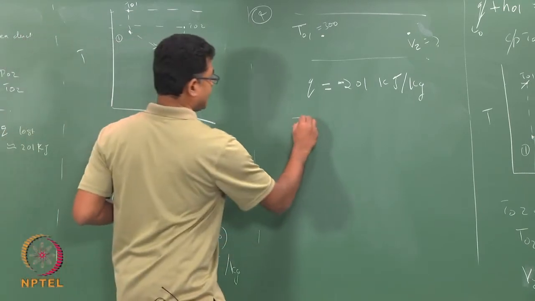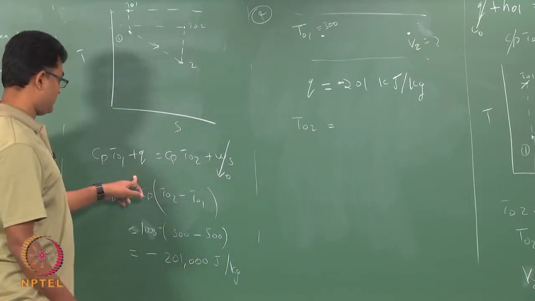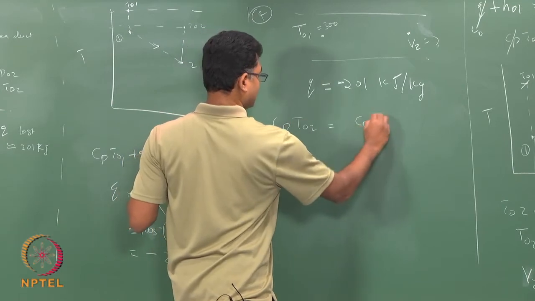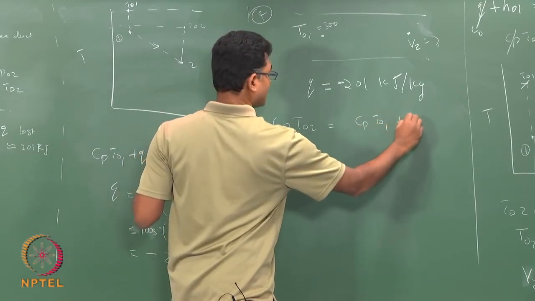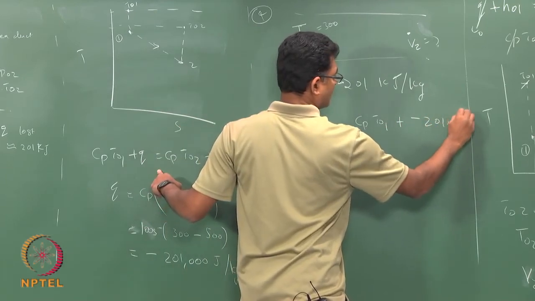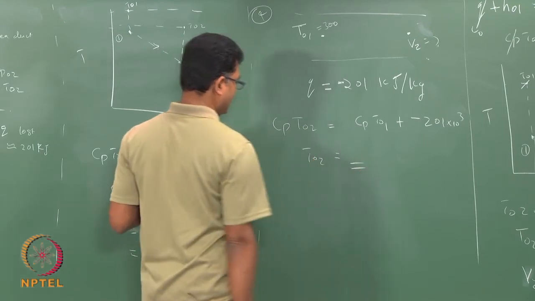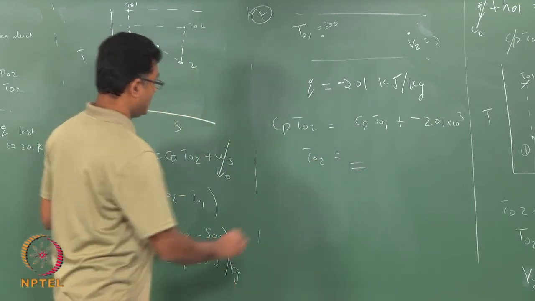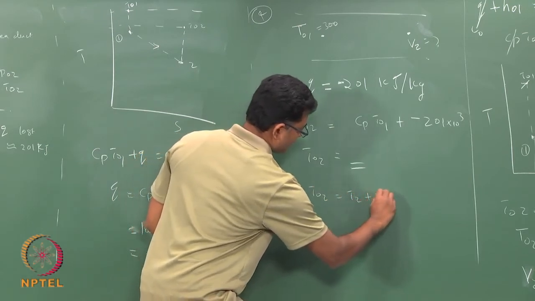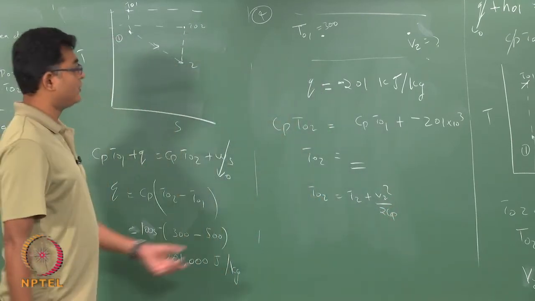From this equation I can find T02. Once you have T02, you can find your V2 if I know my T2.